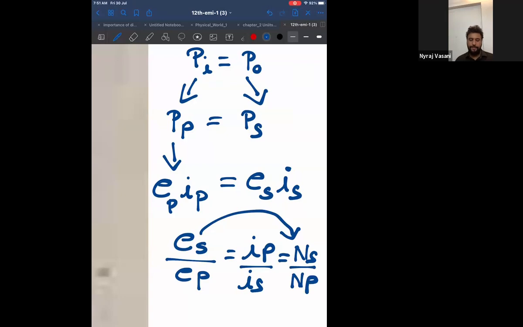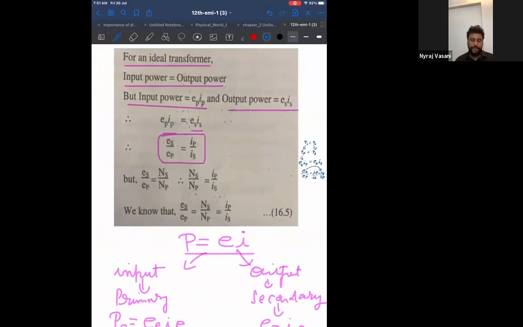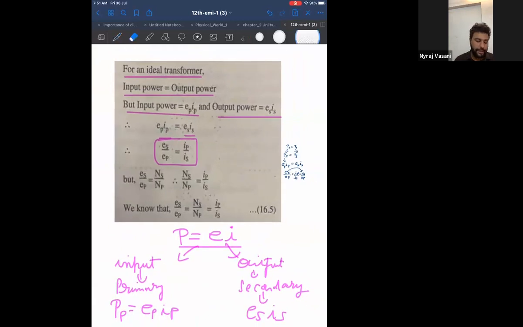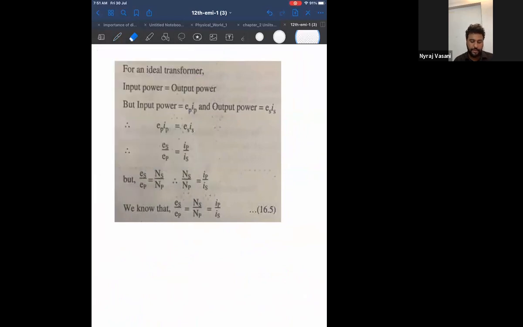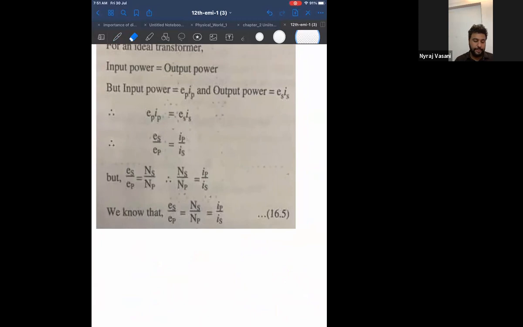Therefore, can I say this is my complete transformer equation? Now look at what is written on the screen, where 16.5 is your final answer. This is your final transformer equation.